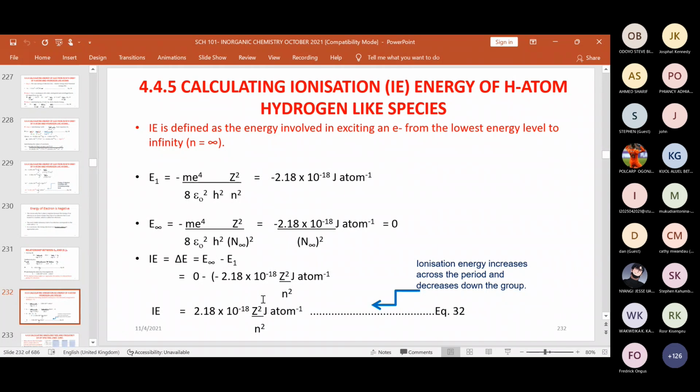Then as you go down the group, using this equation 32, we see that Z increases and n increases, but the value of n is increasing very fast. So there will be a decrease in ionization energy as you move down the group, because the energy levels are increasing.